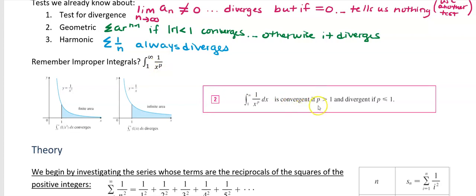The first is if p is greater than 1, and the second is if p is less than or equal to 1. If p is greater than 1, we found that the area under the curve, or the integral, converged, meaning it had a finite area. We found that if p was less than or equal to 1, for example 1 over x in this image here, it has an infinite area, or it diverges.